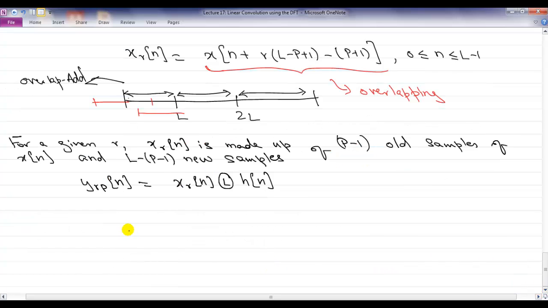Now what happens because of this circular convolution is that the first P minus 1 samples of y_rp[n] will be corrupted.